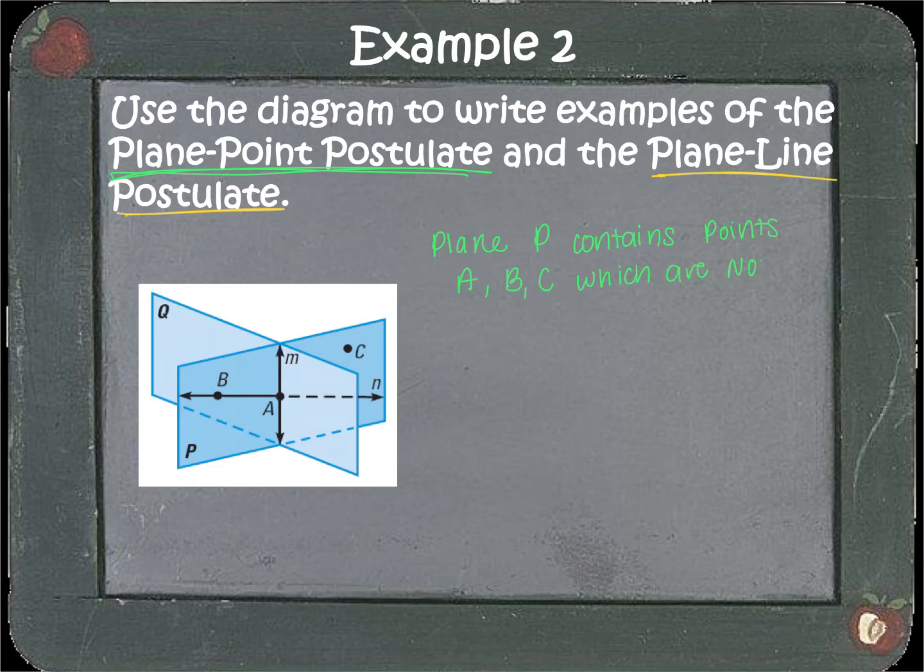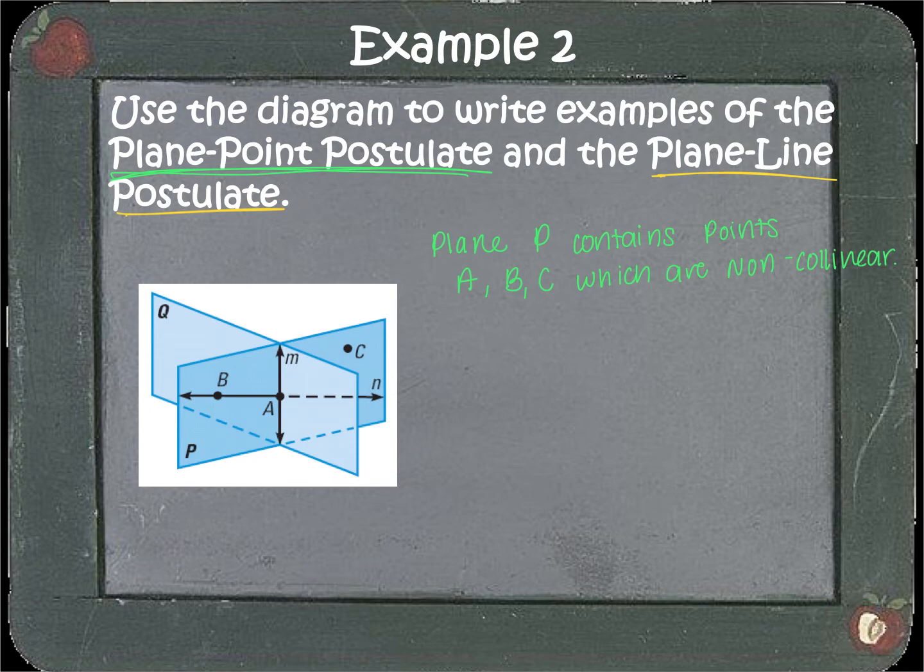Non-collinear, meaning they're not on the same line. So plane point postulate means my plane contains at least 3 non-collinear points. Looking at plane P right here, A, B, and C are non-collinear points.